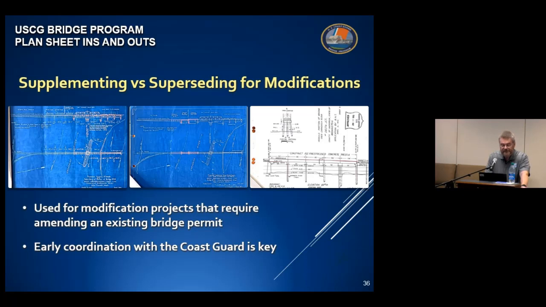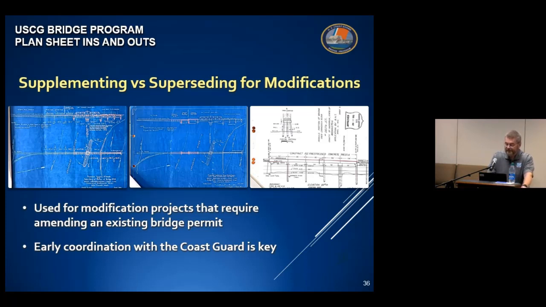Supplementing requires that the existing plans be complete enough to show all necessary attributes in a proper manner. Modification projects are pretty unique, and the requirements are often complex, so early coordination is the key to avoiding potential delays.